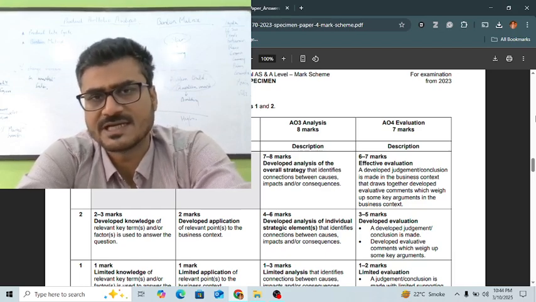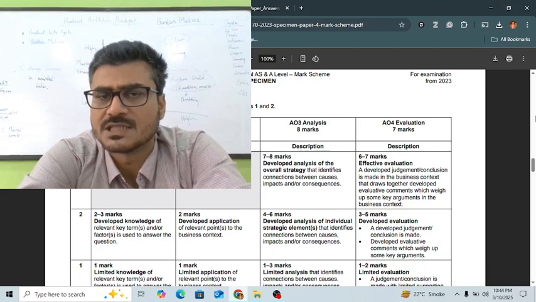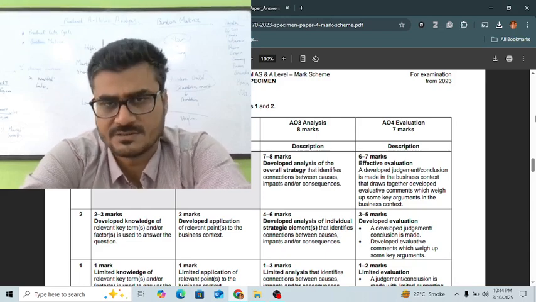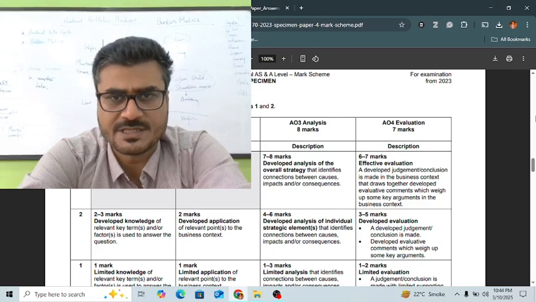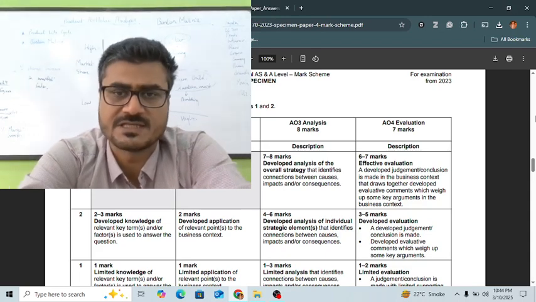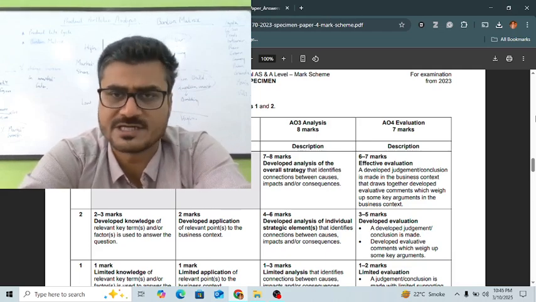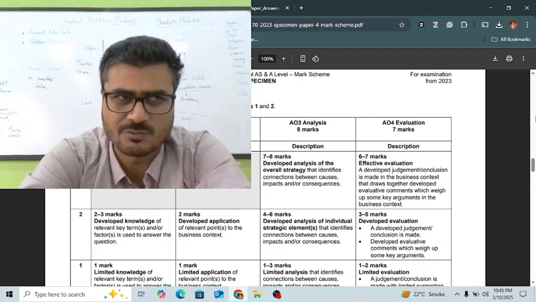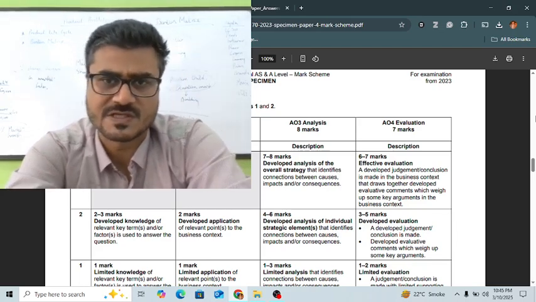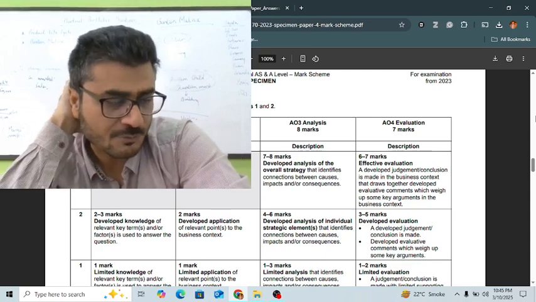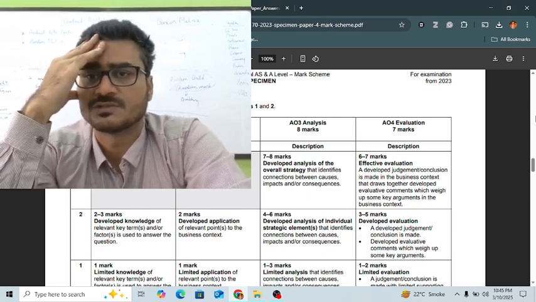Here students get confused about how many points we need to analyze in order to get 8 marks. Let me tell you that at least 3 points of developed analysis must be present, and if there are 4 points, it is better. More than 4 points analyzed won't give you any further marks, but 3 to 4 is considered a good number of points to be analyzed in order to get 8 marks. And the same is the case with your evaluation marks.